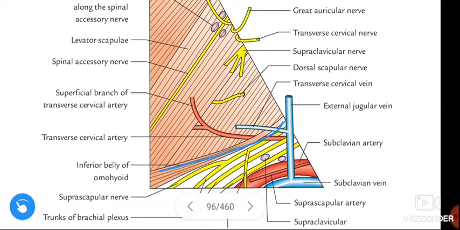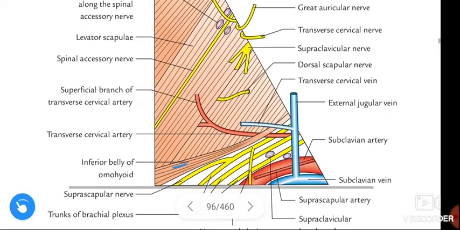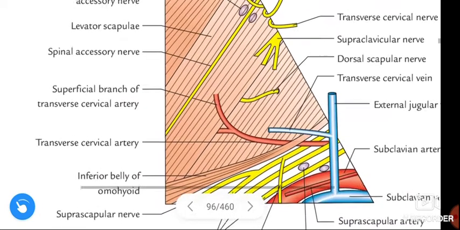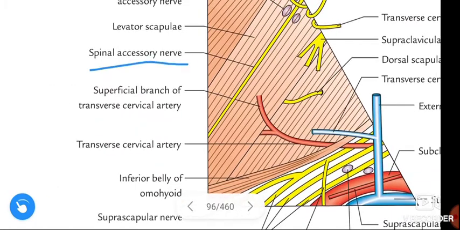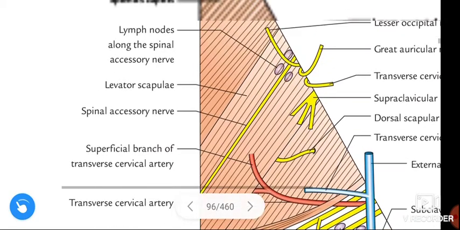This is the omohyoid and the triangle present above this we call the occipital triangle. What are the contents present above the inferior belly of omohyoid? First, the spinal accessory nerve. See, this is the spinal accessory nerve.